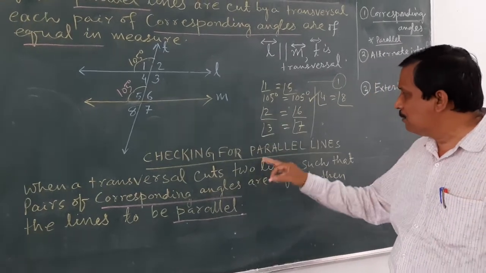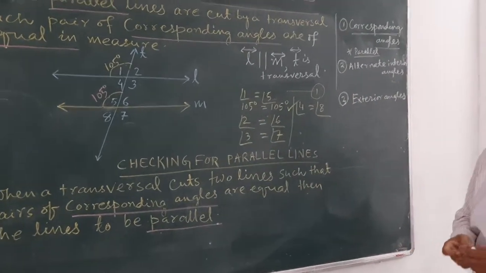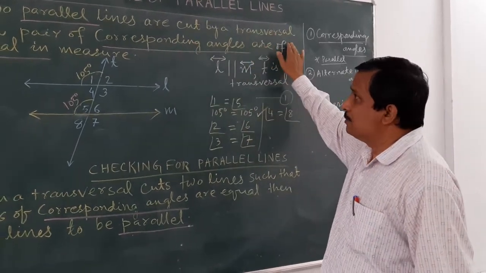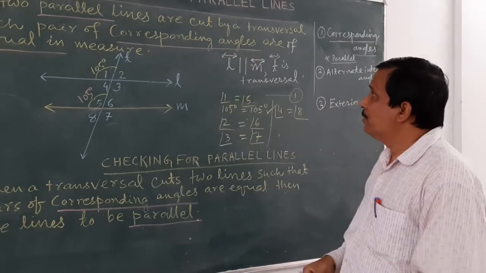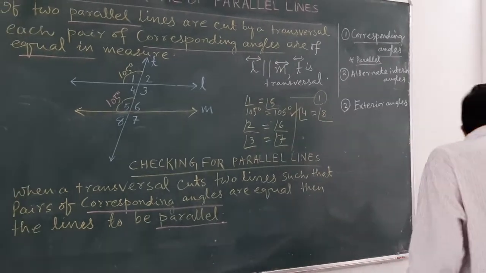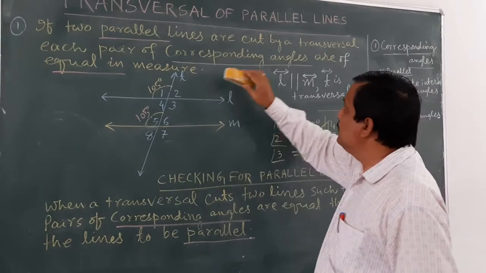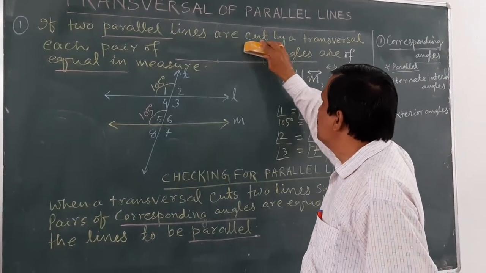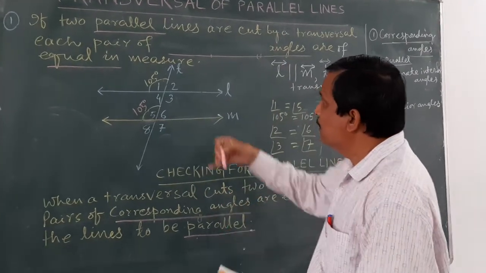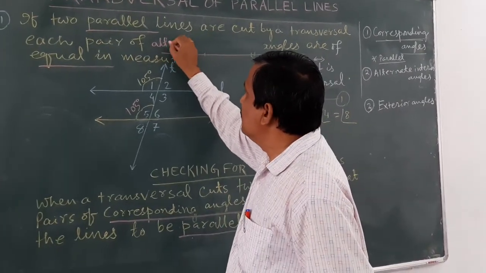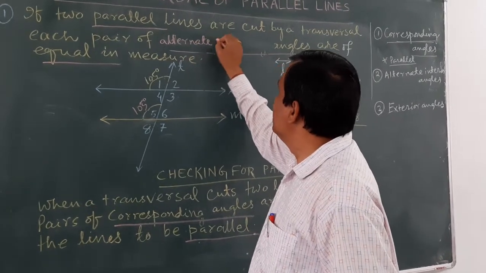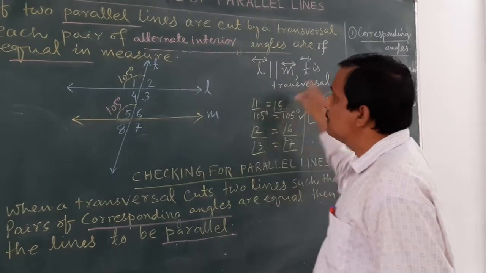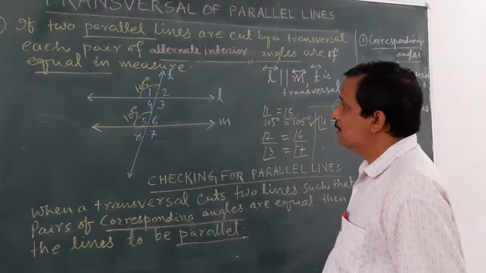So this is the checking for parallel lines. Similarly, the second one is: if two parallel lines are cut by a transversal, each pair of alternate interior angles are of equal measure.